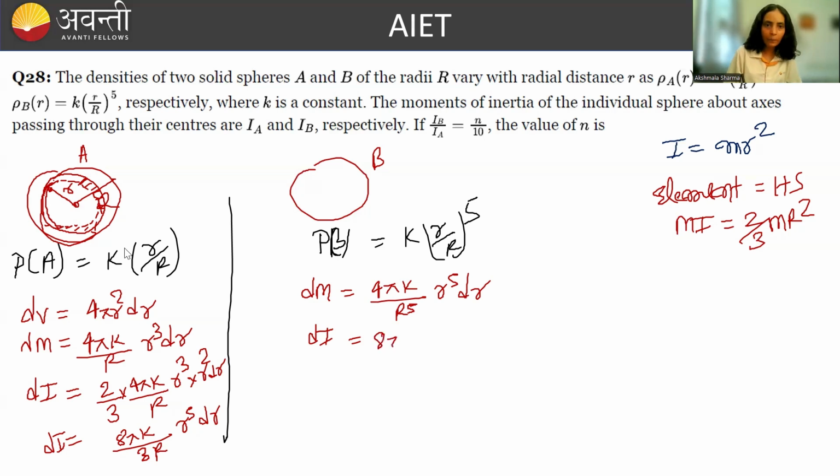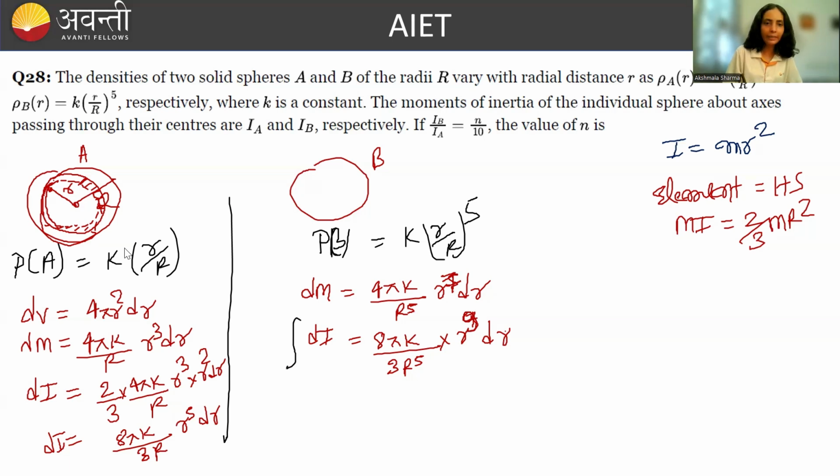So 8 pi k by 3 r5 into r square into r5, so r7 will come, dr. Okay. If I have taken everything correctly, then this is your 4 pi r square. Okay, one thing I missed here. This will become r to the power 7. Okay. And this will become your r to the power. Done. So the same thing you need to repeat for A and B, and then you need to calculate dI.